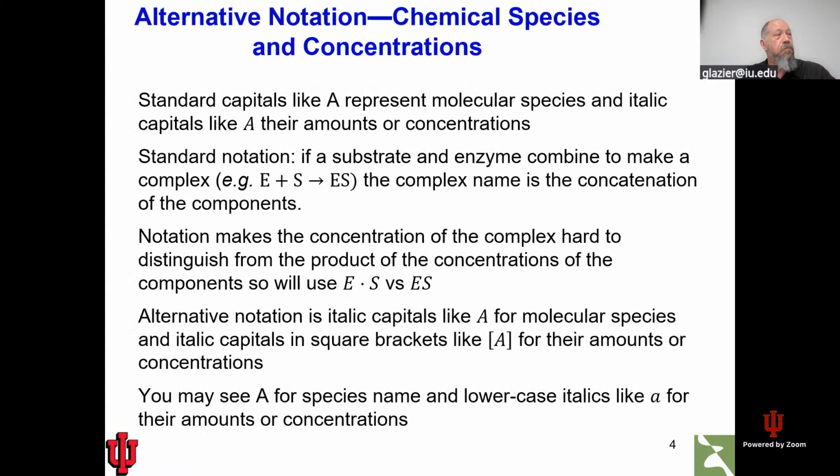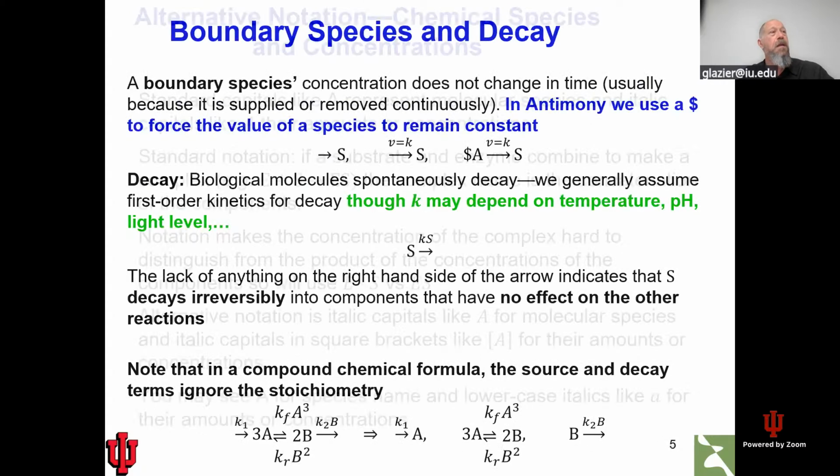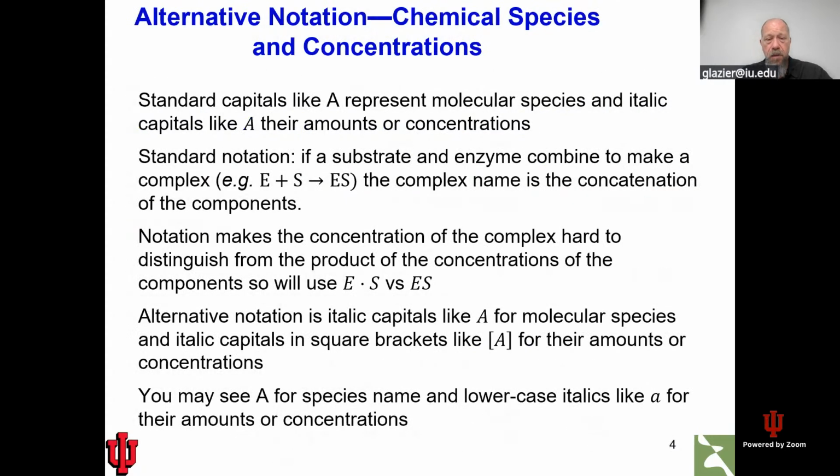So there's one tiny bit of notation that I want to get out of the way. One of the fundamental concepts, especially in signaling and also in gene regulation, is the idea of a complex, where you have two molecules that come together and do something, and that is usually written as a chemical transformation.